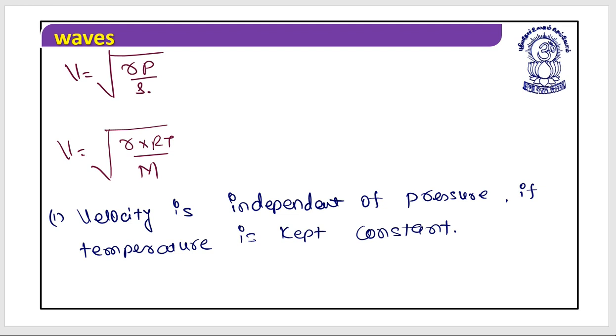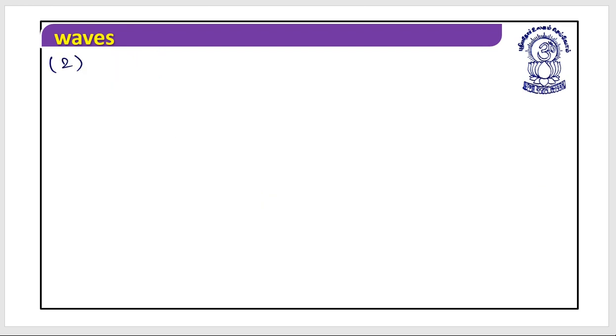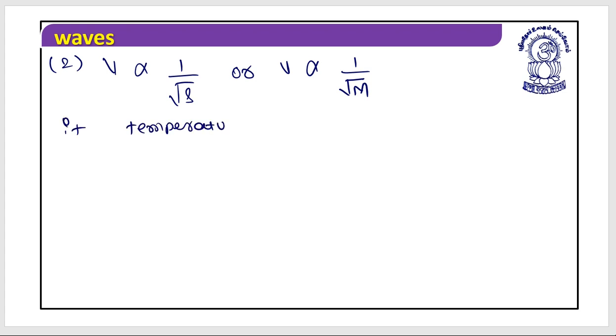Second, velocity is 1 by root of density, or velocity is 1 by root of molecular mass, if again the temperature is constant.